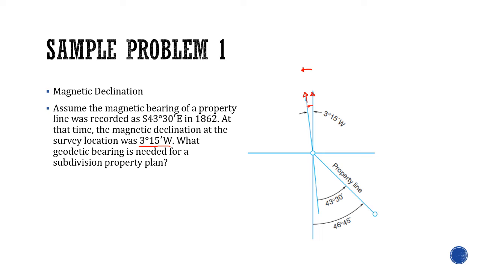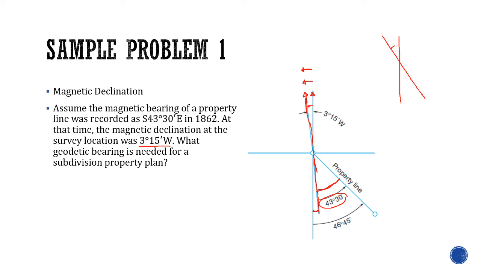Ito yung magnetic meridian. At that time, class, yung angle from the magnetic meridian is 43 degrees 30 minutes. Ito yung angle. Now, sabi, yung magnetic declination is 3 degrees 15 minutes, and that is equal to this angle. Di ba?